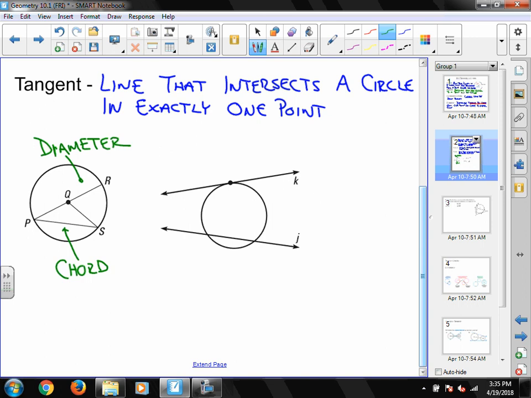Now, a secant just has to intersect the circle in 2 points. So line J on the right here, this is going to be our secant. And because point K, and they put this little dot here so you know that it intersects only at that one spot. I know it doesn't look like it only touches in that one spot, but it does. This is going to be our tangent.